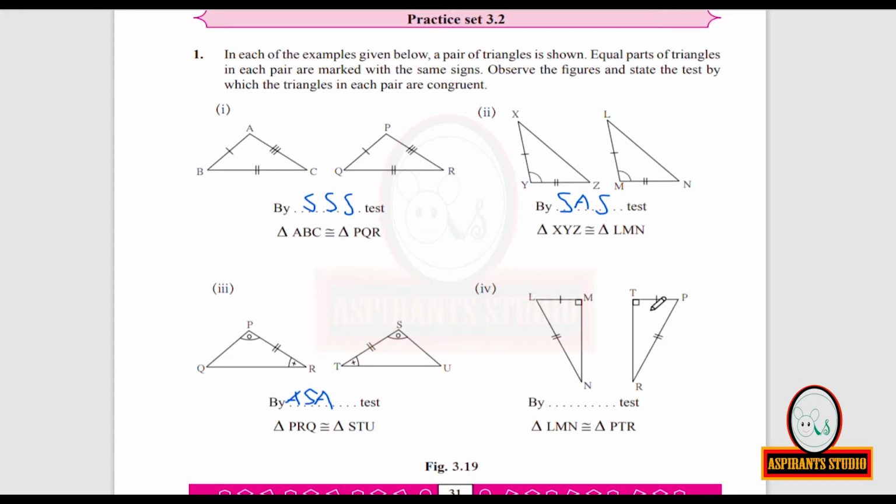The corresponding side of the other right angle triangle is PT. Then the two triangles are congruent with each other by hypotenuse side test. So here you have to write triangle LMN is congruent to triangle PTR by hypotenuse side test.